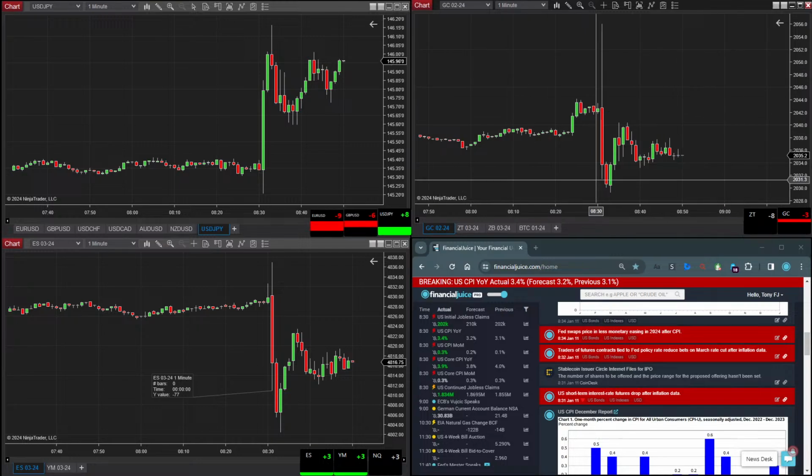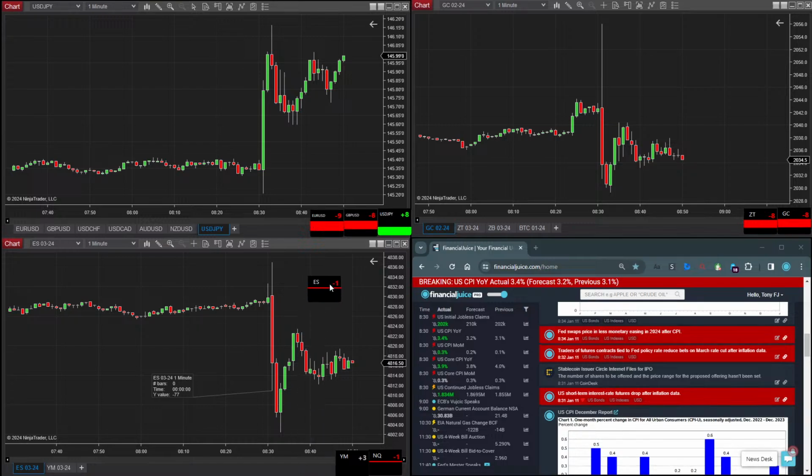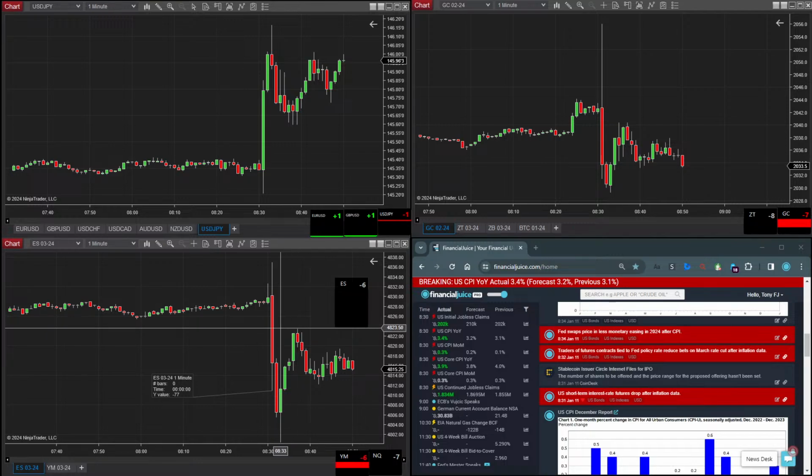So let me bring up this little box here. Let's go with the S&P. This ticker box shows you the buying or selling momentum, and it gives you a visual and audio alert of that. The number represents the sensitivity of the ticker box. 1 is the most sensitive to market reactions, so when there's a little bit of buying or selling, TICKSTRIKE will give you a visual and audio alert.